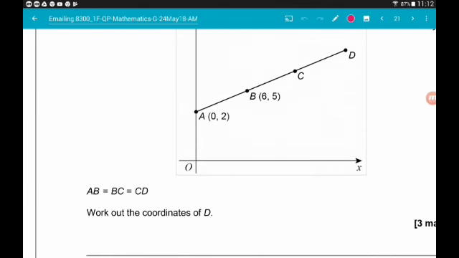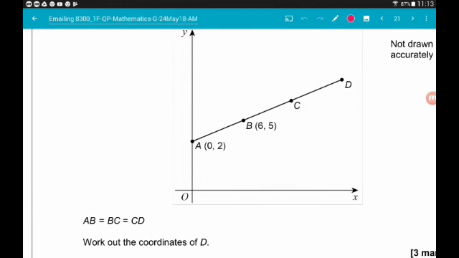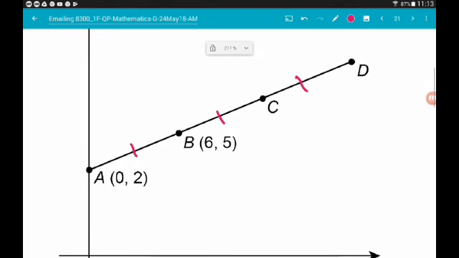Now we are told that AB is equal to BC is equal to CD, and we're asked to work out the coordinates of point D. So when it says AB is equal to BC is equal to CD, it means this length is equal to this length is equal to this length. So we need to work out the coordinates of point D.